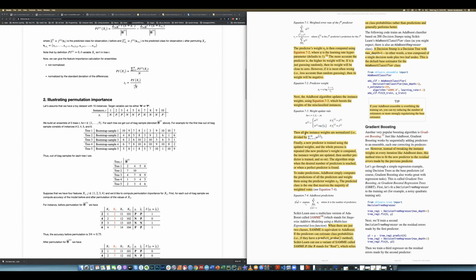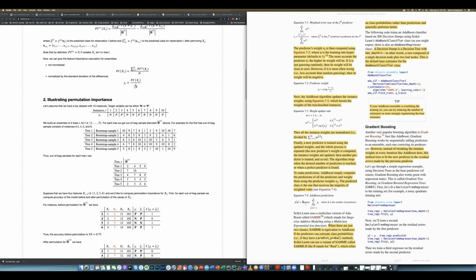And then you normalize all of these weights once again by the sum of the weights, so that ensures that the scaling is preserved. Then we go through this entire process again, where we take a new predictor, pass all of these reweighted samples through it, compute the score, and we do this over and over again.